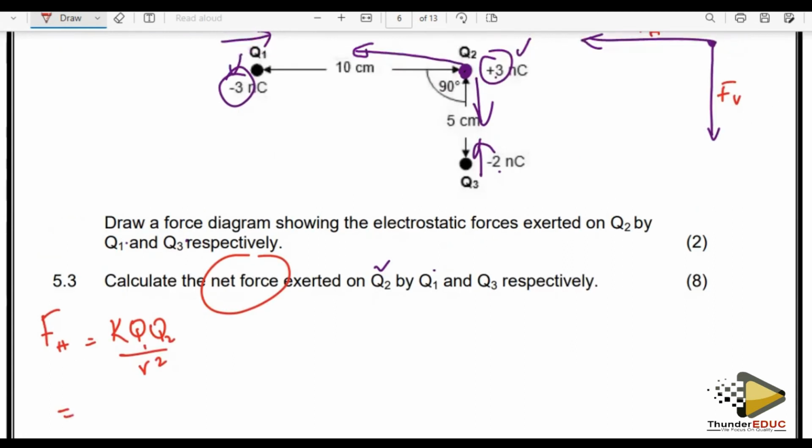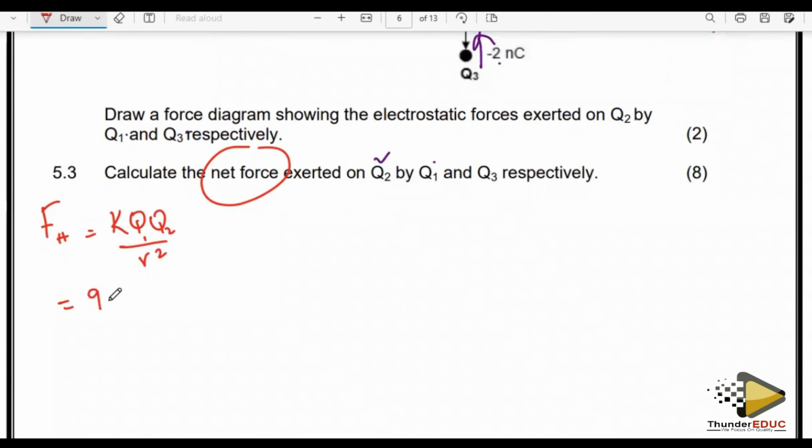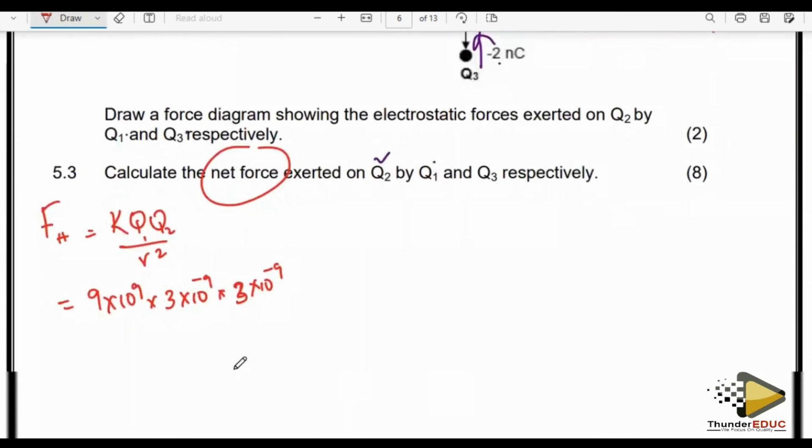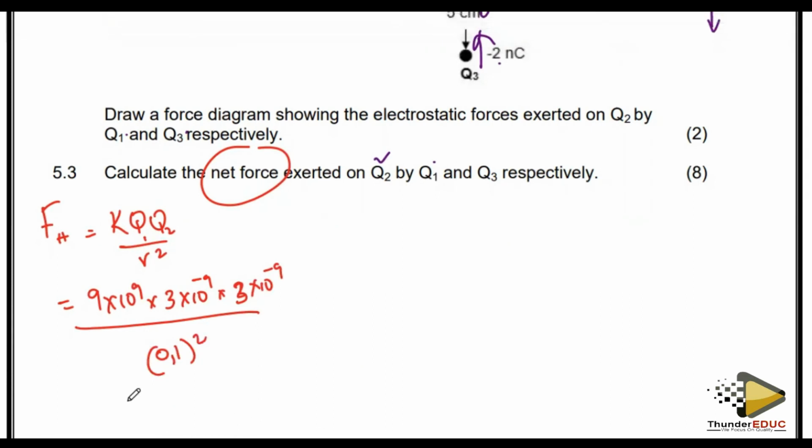So it's 9 times 10 to the 9, times 3 times 10 to the negative 9, times 4 times 10 to the negative 9. The distance is 10 centimeters, which I must convert, which is 0.1 meters.